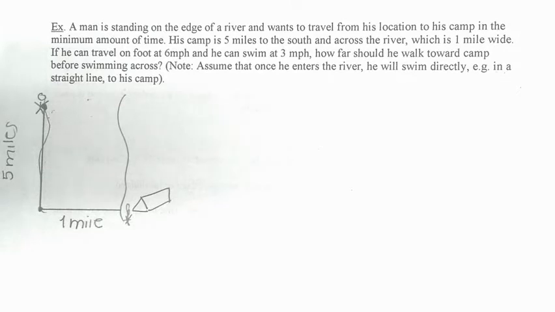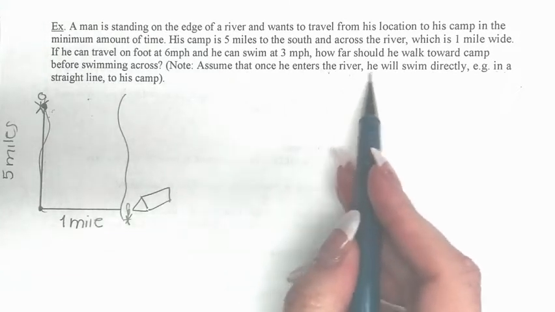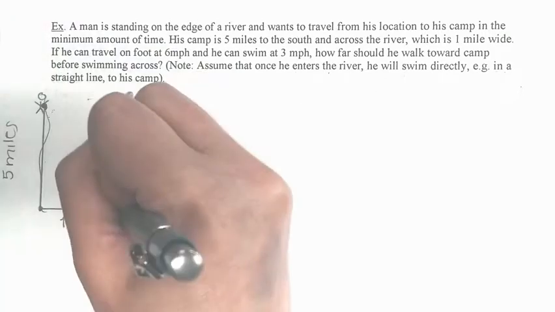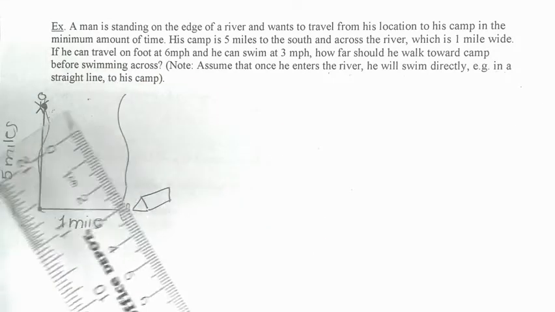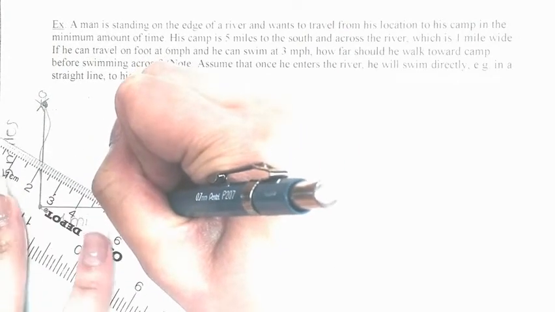So what are we going to do? Well, it says here that once he enters the river, he will swim directly and he will arrive to this spot. Let me get the ruler so you understand the situation. Either the guy does this, somewhere there, right?